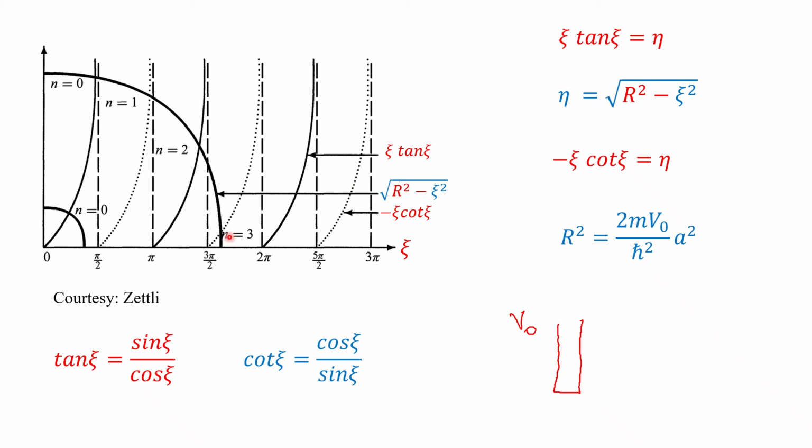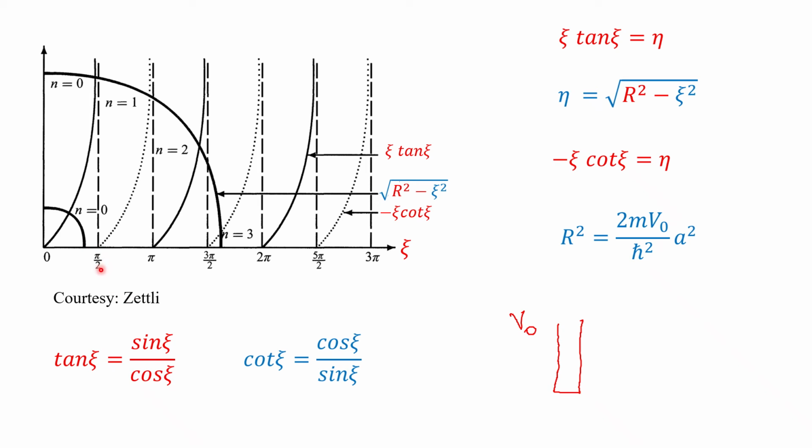Now you take this diagram. This is 0, pi by 2, pi, 3 pi by 2, 2 pi, 3 pi. Now what is tan z? By definition, it is sine z over cos z. What will happen when z equals pi by 2?